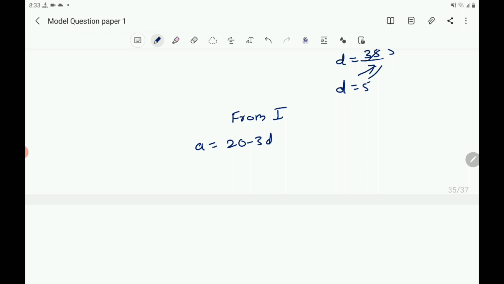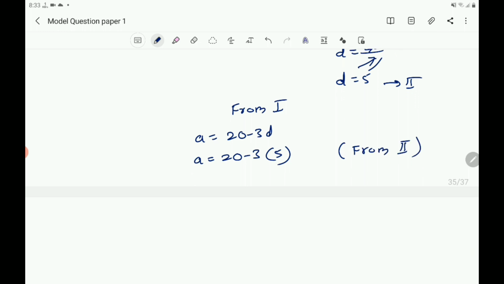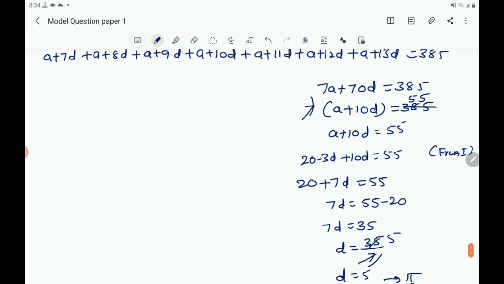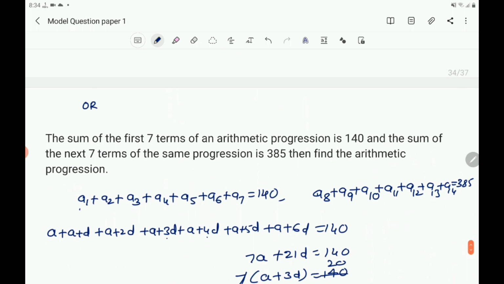So A equals, you will get 20 minus 3 into, if you consider this is second, then you can write 5, that is from second. Then you will get A equals 20 minus 15 equals 5.